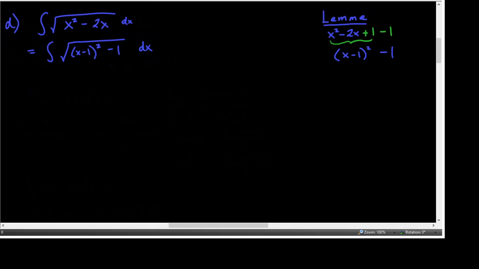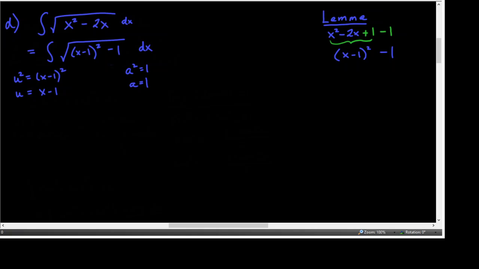And now that's in the form of u squared minus a squared. So our u squared, which is x minus 1 quantity squared, means that u is equal to x minus 1. Our a squared is 1, which means a is 1.